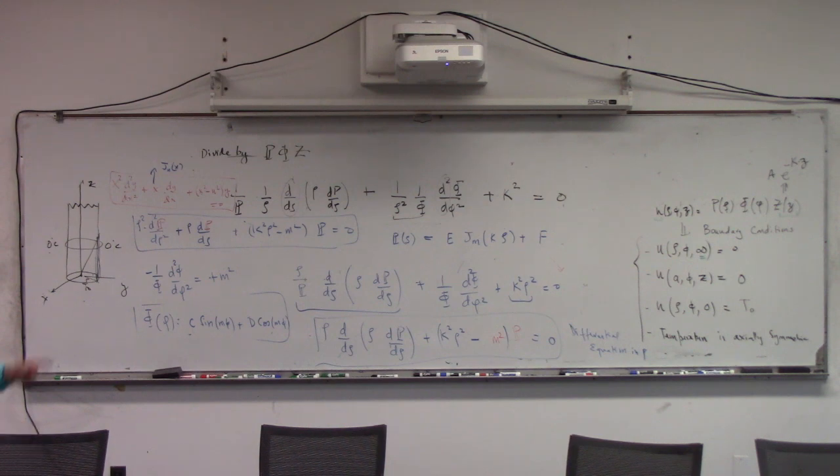Most generally, if m is not an integer, of course we could put J minus nu. But otherwise, most generally it's the Neumann function, which is always blowing up at rho equal to 0. So we just eliminate that because it doesn't exist.